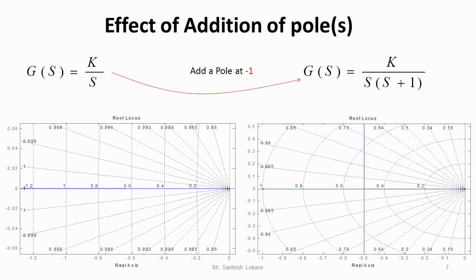This second graph indicates the root locus of the second order system, which has two branches. One, in blue color, starts at the open loop pole at the origin, comes towards the breakaway point, and travels towards infinity parallel to the imaginary axis.